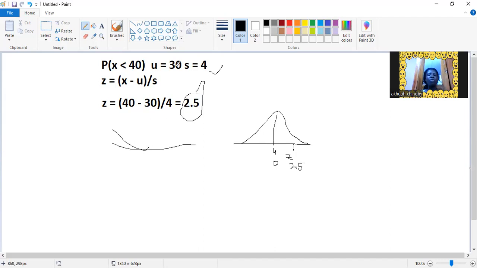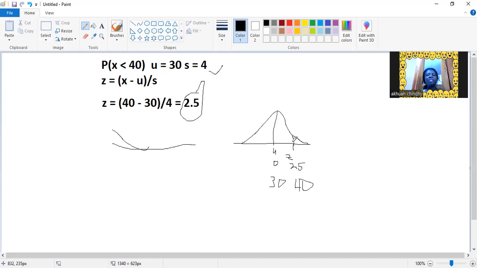And we know that from our table this 0 is equivalent to 30, so let's write our 30 here. And this x is equivalent to 2.5 here, so here will be 40. The question says we should find the probability that x is less than 40. Let's say our 40 is here.